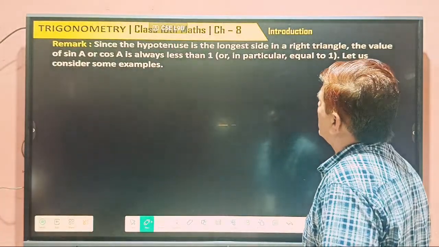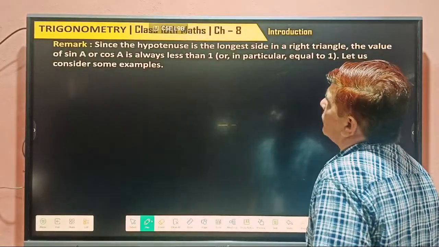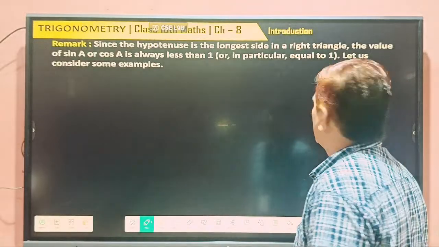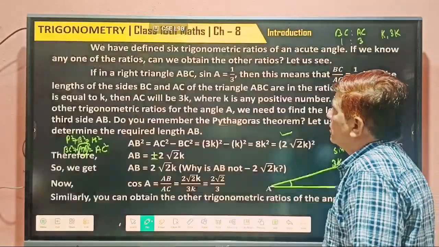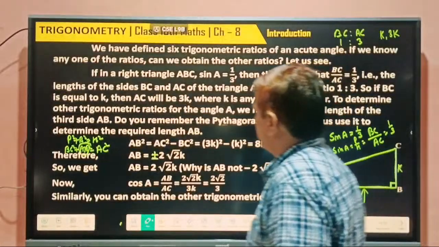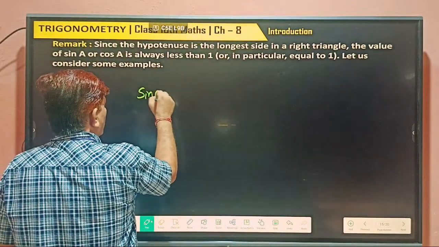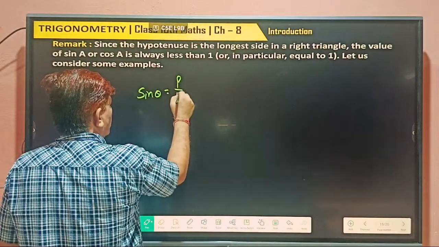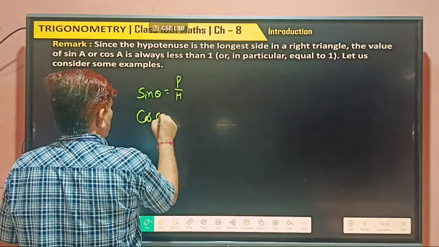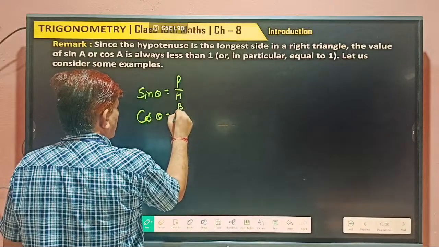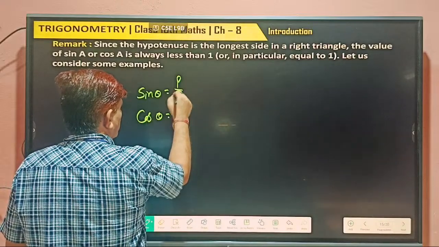Remark: since hypotenuse is the longest side of a right angle triangle, the value of sine A and cos A is always less than 1. Try to understand this. Sine theta is perpendicular by hypotenuse, cos theta is base by hypotenuse, and hypotenuse is the longest side.